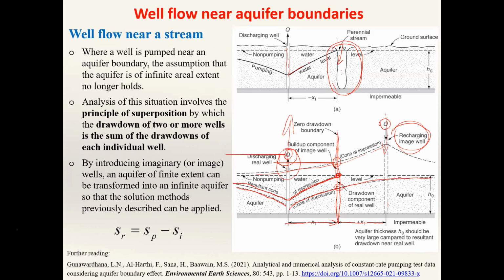In other places, it becomes the summation, or the net, of the cone of depression and the cone of impression. That is why the drawdown becomes like this. The drawdown that we expect is this one, but the actual drawdown is this one. That is when we have a recharge boundary.